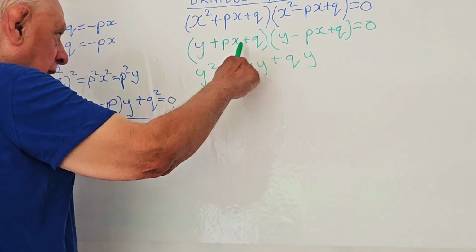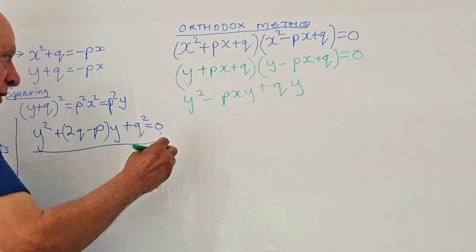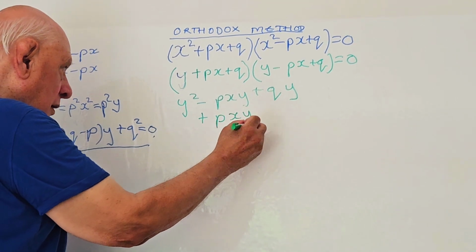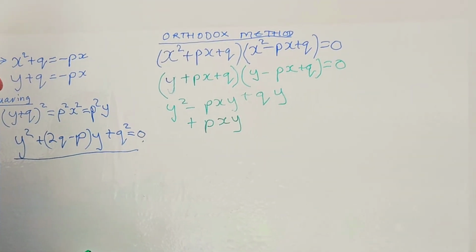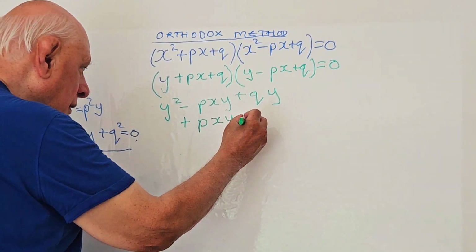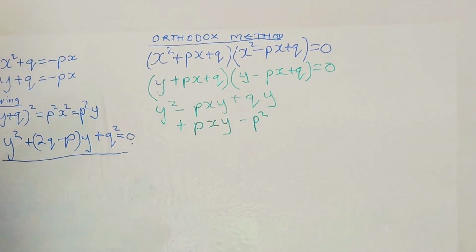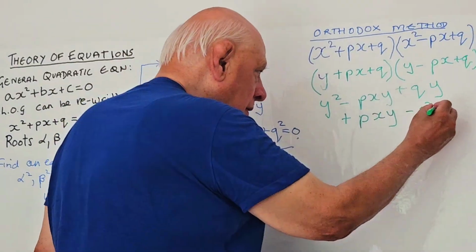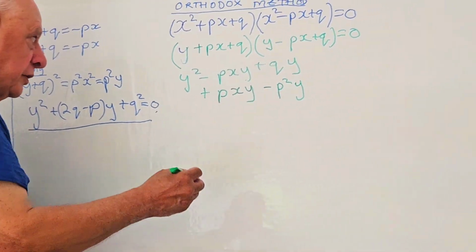Now we'll multiply each of those terms by the px. So that would be plus pxy minus p squared x squared, and remember x squared is y, plus pqx.